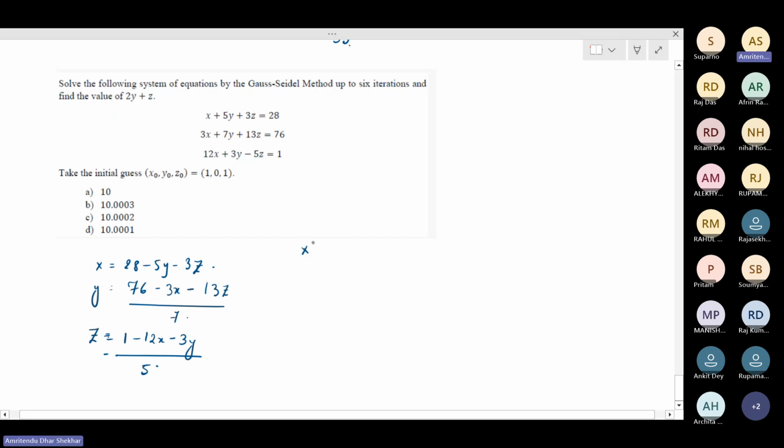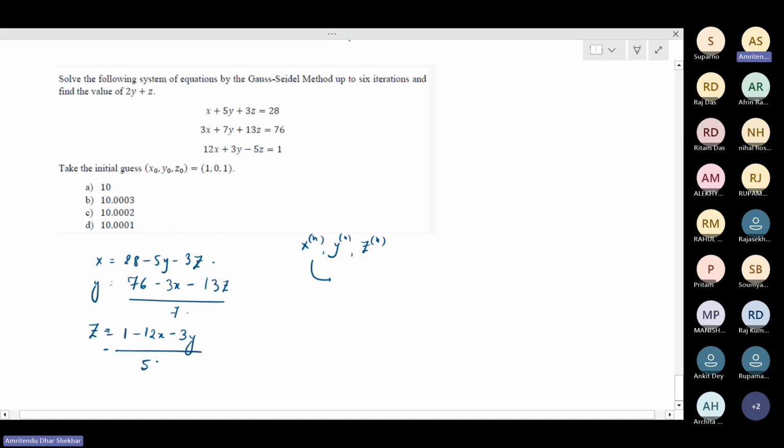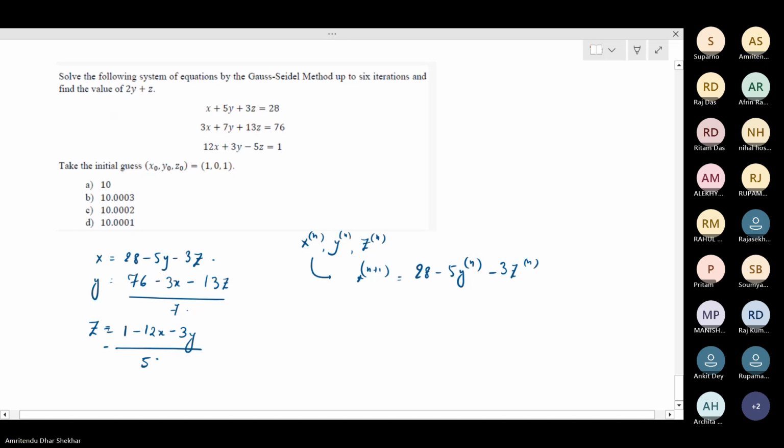If my guess is some xn, yn, zn, then I update my scheme as follows. I set xn+1 to be equal to 28 minus 5yn minus 3zn.